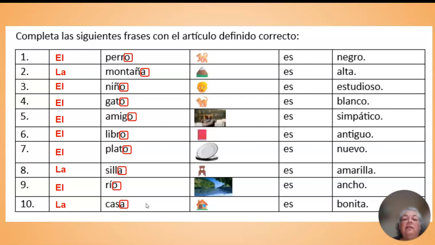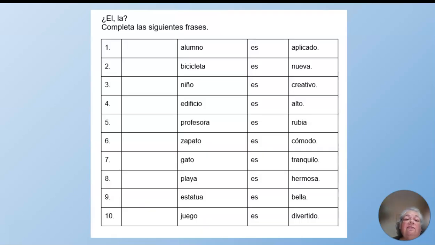Again, just look at the last letter and determine if it's masculine or feminine, and then select and write, in this case, the appropriate definite article, el or la. Again, we're just dealing with singular. For the activity that I have for you, it's also very similar. You have, again, 10 sentences that are missing the definite article, and notice that all of them are singular.